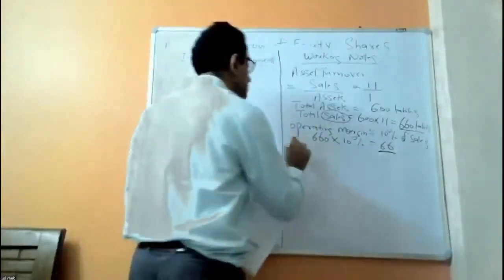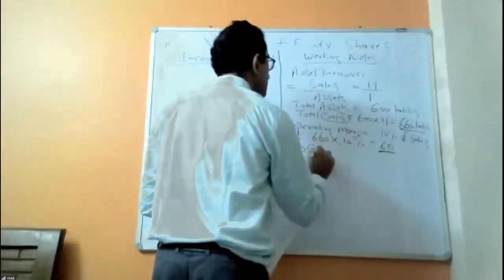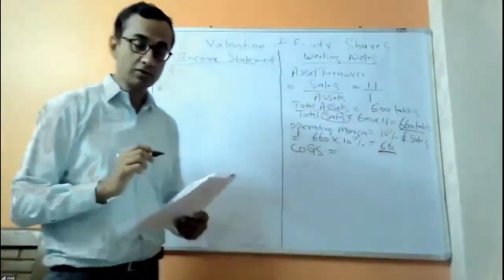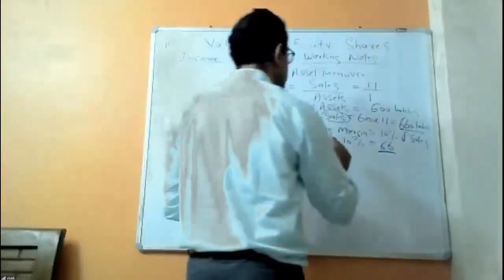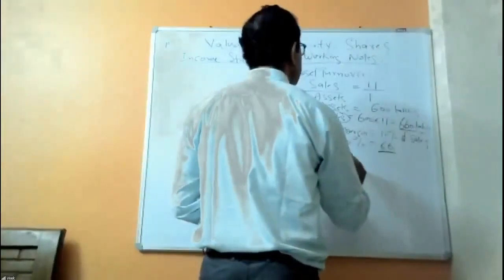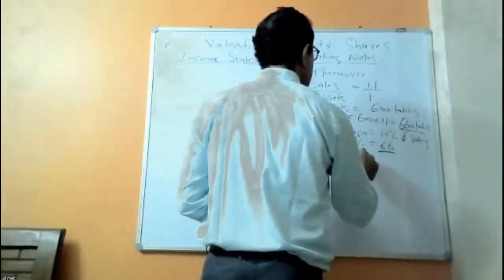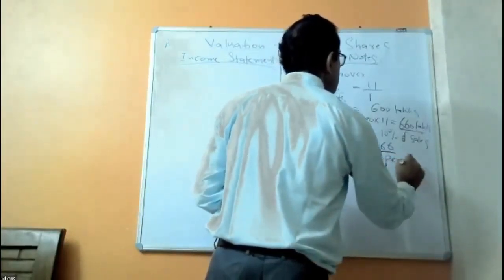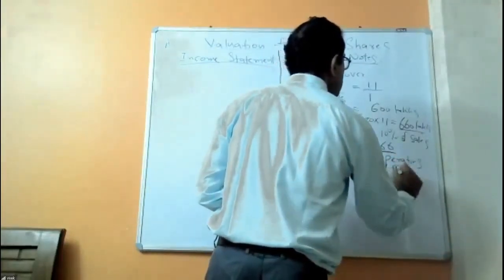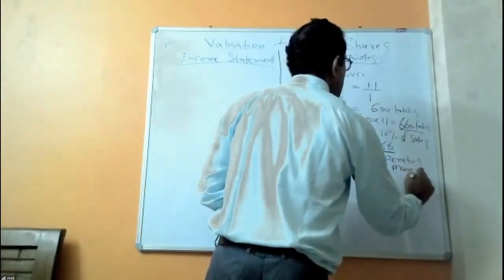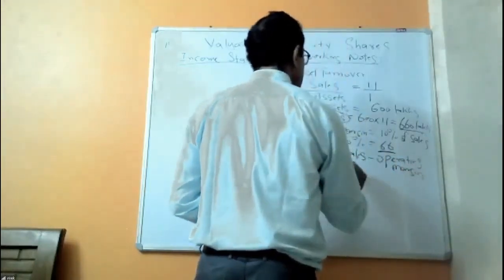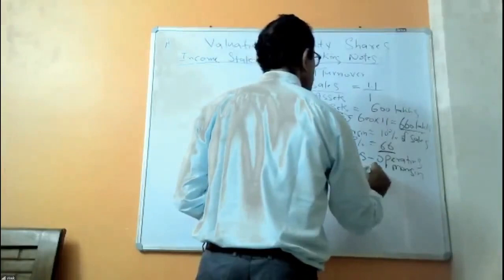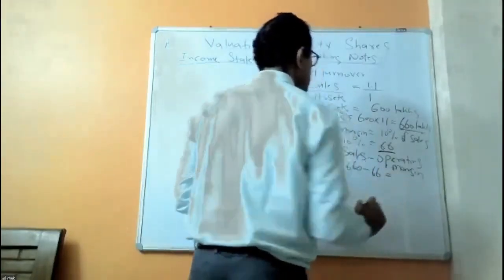Now, on this basis, you can calculate the cost of goods sold. COGS can be calculated. That is sales minus this operating margin, which is 660 minus 66.